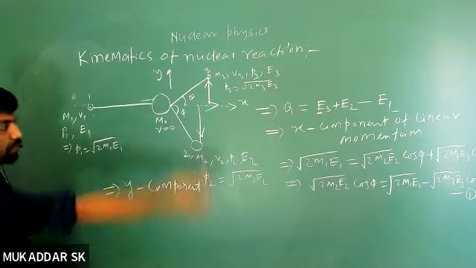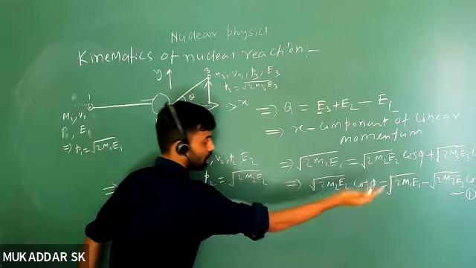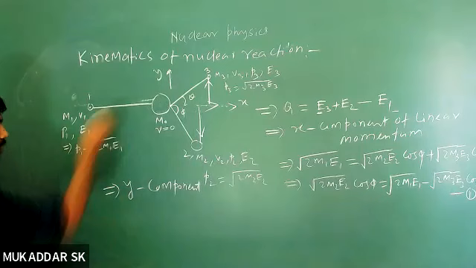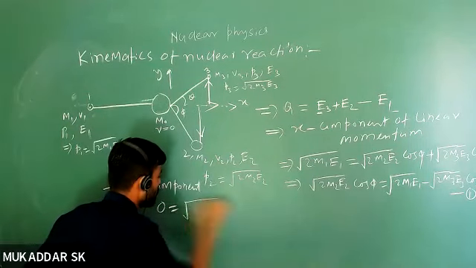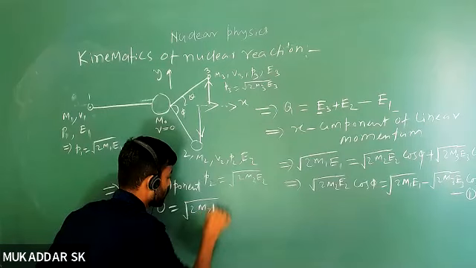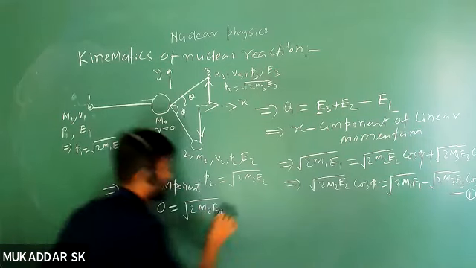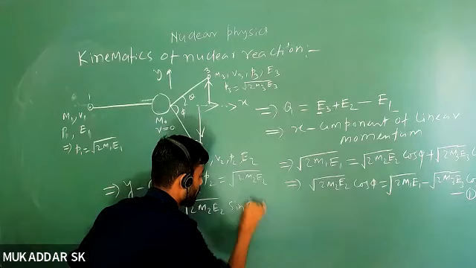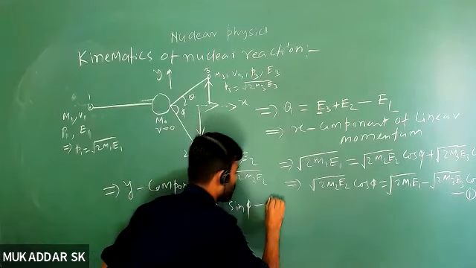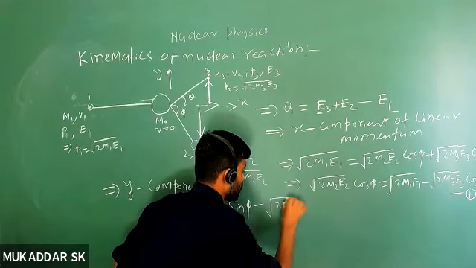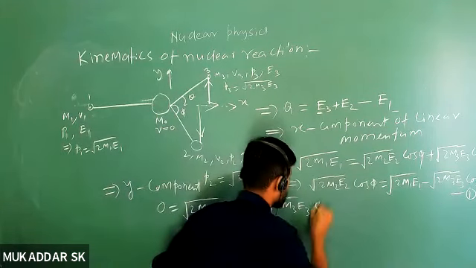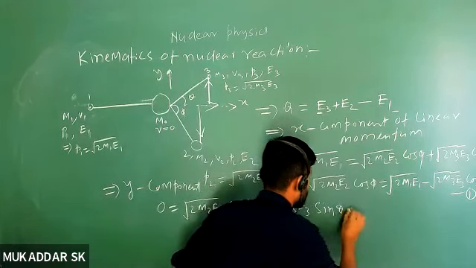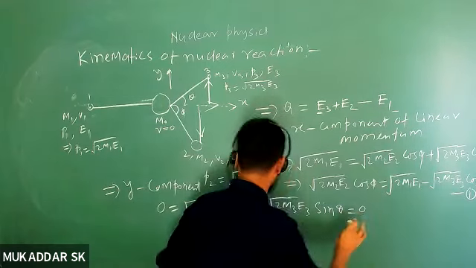So from the x component conservation, we got this equation. From the y component, we can write 0 equals root over twice m2 e2 sine phi minus root over twice m3 e3 sine theta.